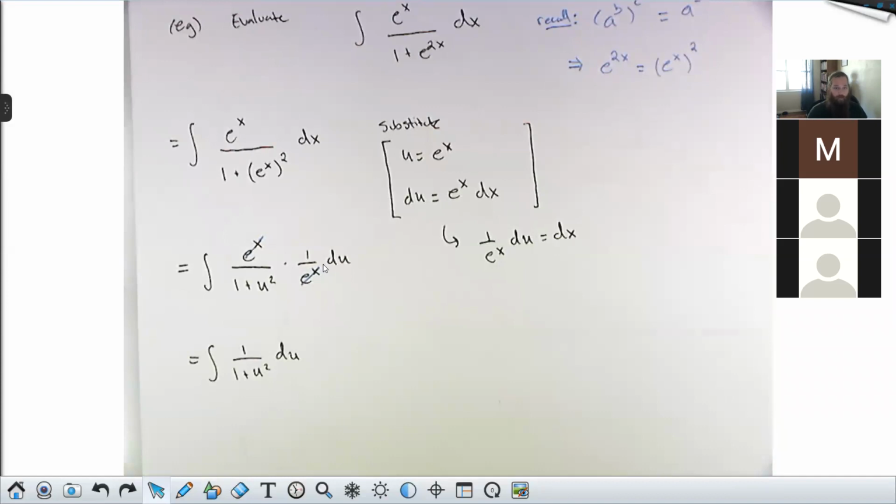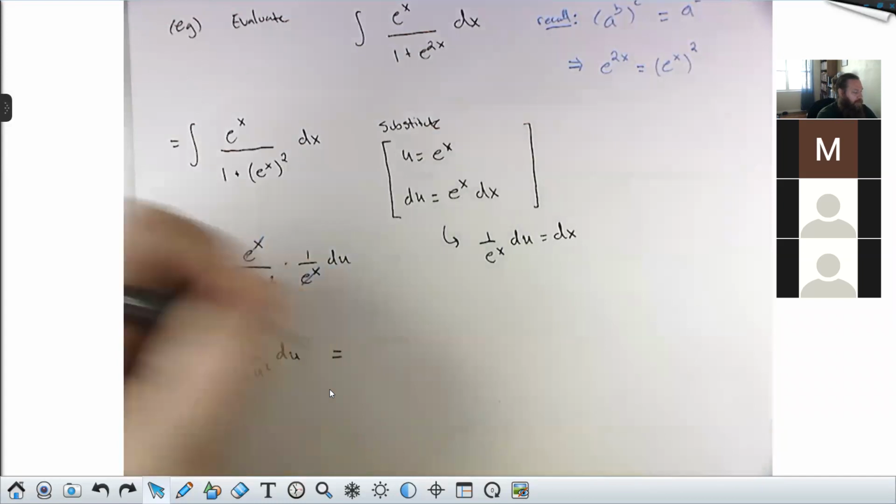And we know an antiderivative for 1 over 1 plus u squared. If you're having a hard time figuring out what's up with the differential here, I'll run through this a second time doing it the other way. But what is an antiderivative for 1 over 1 plus u squared? Tangent u? Almost.